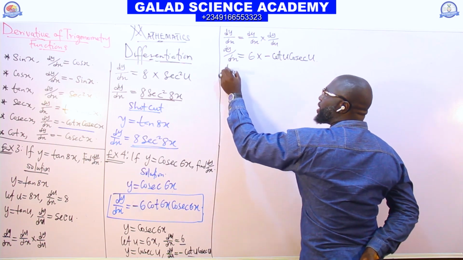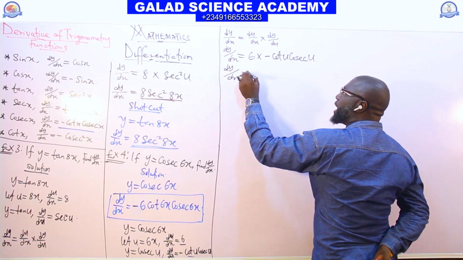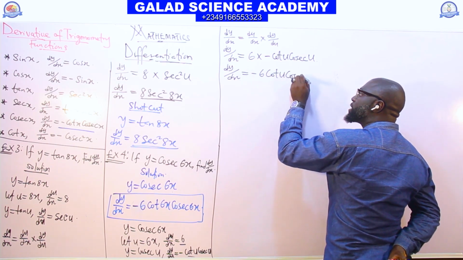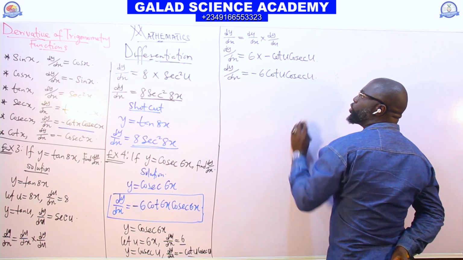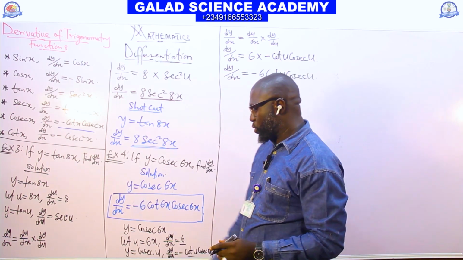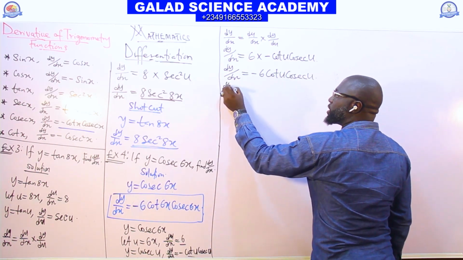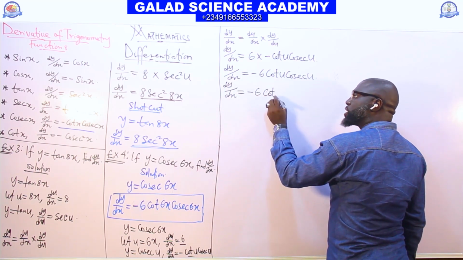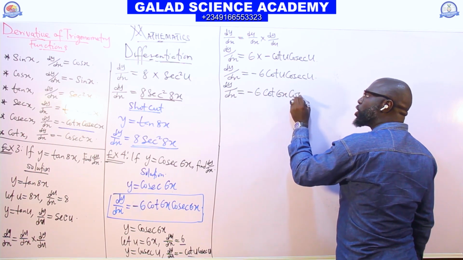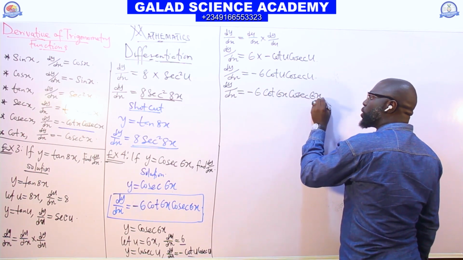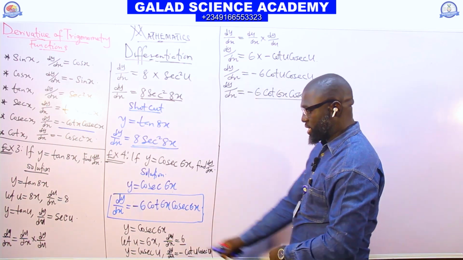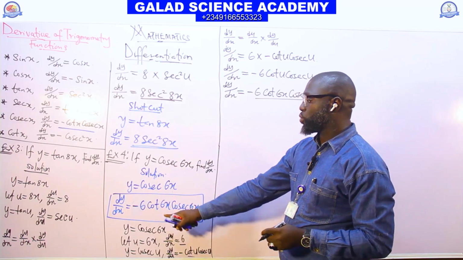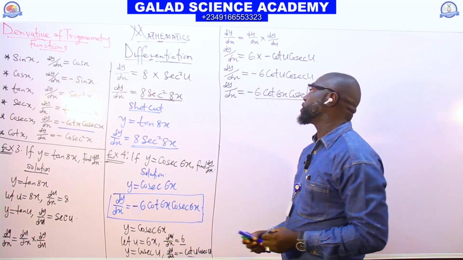So we now have dy/dx will be minus 6 cot u cosec u. What is our u? u is 6x. We now have dy/dx equals minus 6 cot 6x cosec 6x. You can see it. So for the CBT questions, just know how to apply the shortcut.